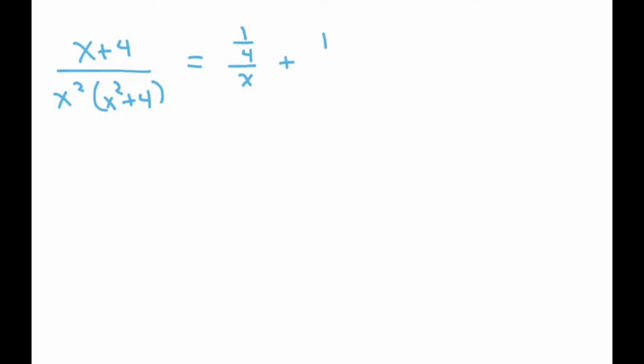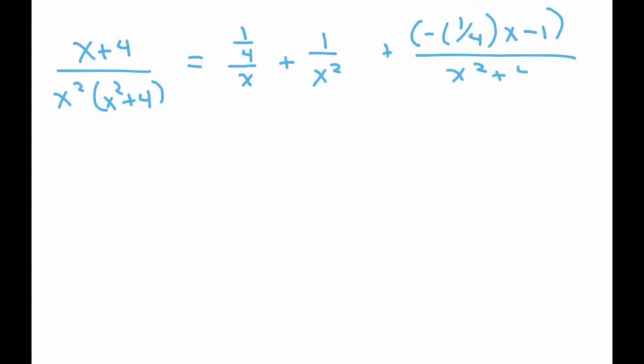And let's write it out. We have x plus 4 divided by x squared times x squared plus 4 equals 1/4 divided by x, plus my B was 1 over x squared, plus -1/4 x minus 1 divided by x squared plus 4.